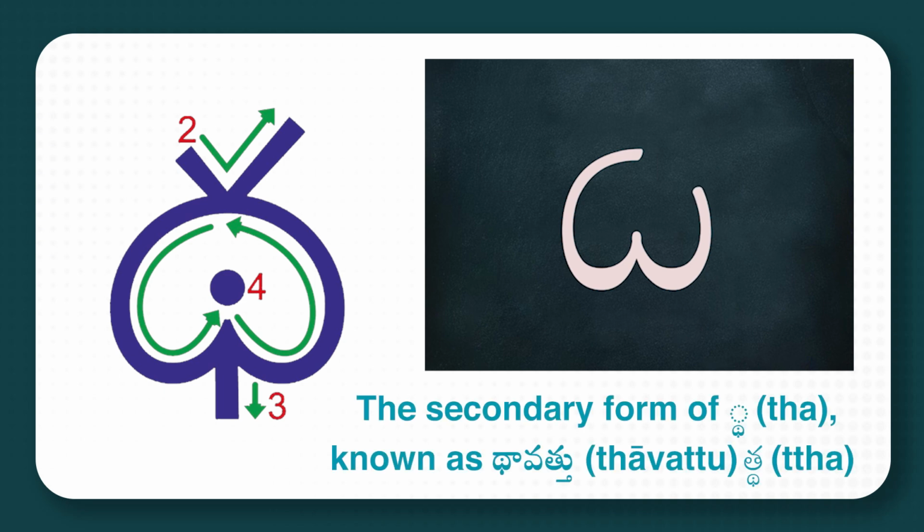The secondary form of tha, like those of the related dental consonants, reflects the main structure without the head stroke and is used in conjunct formations. This secondary symbol always appears beneath the consonant.